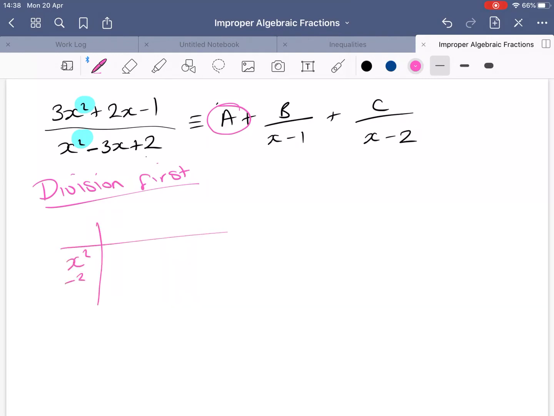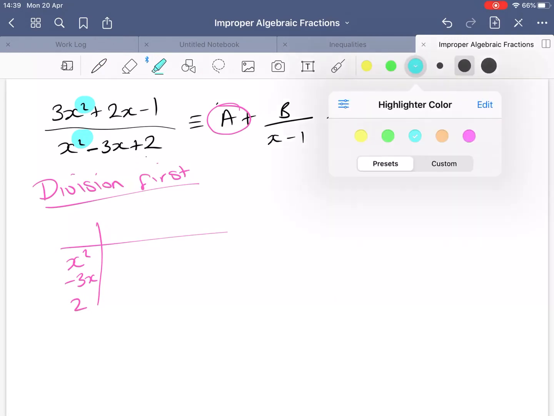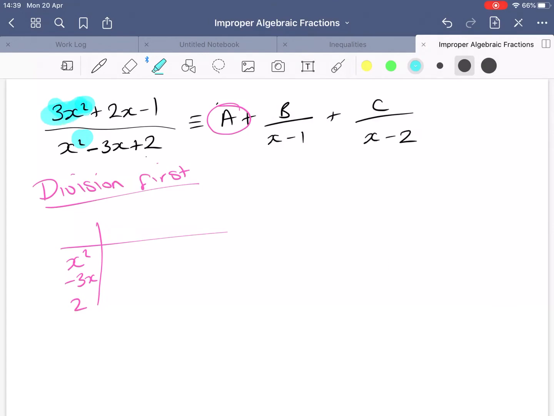x squared minus 3x plus 2 multiplied by something makes 3x squared plus 2x minus 1. So let's get my highlighters. So first one, I want my 3x squared comes from that top corner. So there's my 3x squared. What times x squared makes 3x squared is 3.